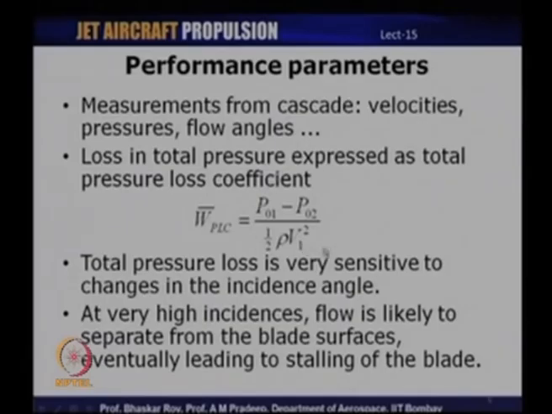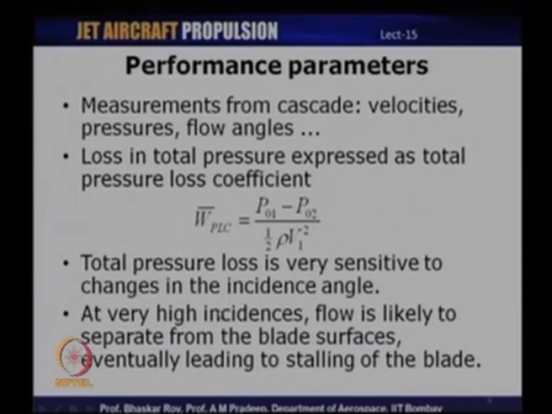The denominator is basically the dynamic pressure at the inlet, P01 is the inlet stagnation pressure, and P02 is the exit stagnation pressure. As you change the incidence angle, the inlet parameters are likely to remain unchanged, that is, the inlet total pressure and the dynamic head remain unchanged. It is the exit stagnation pressure which will keep changing.